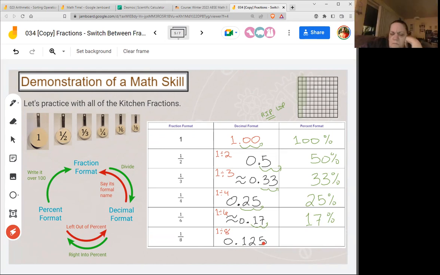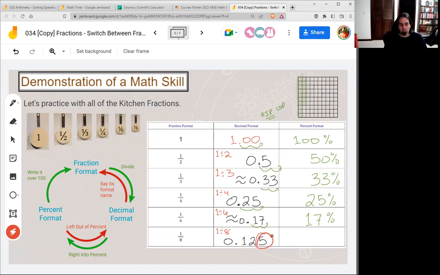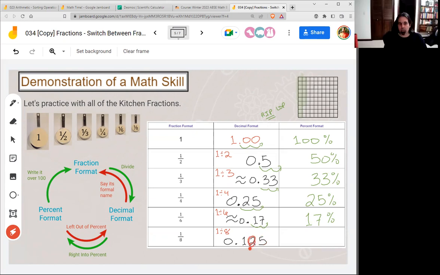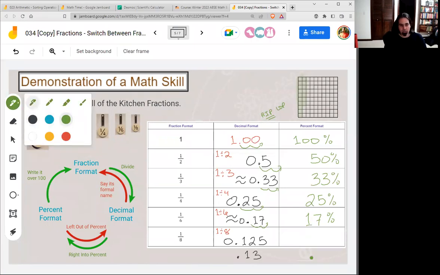If I was to round it, would the fact that I'm getting rid of a 5 change it to 0.12 or 0.13? Three? The 5 is 5 or more, so it makes the thing that I'm keeping go up 1. So you could make this be 0.13, and then that would turn into 13%.